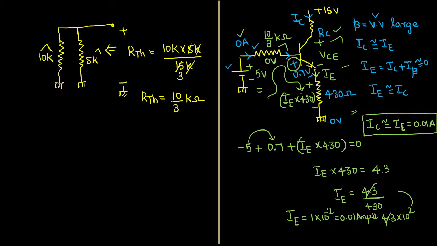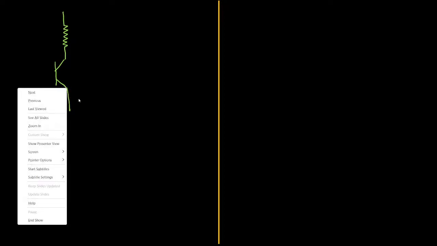So the next question is, try to figure out the answer by yourself hereafter. Let me draw the circuit first. This is the transistor, and they have given one more resistor.